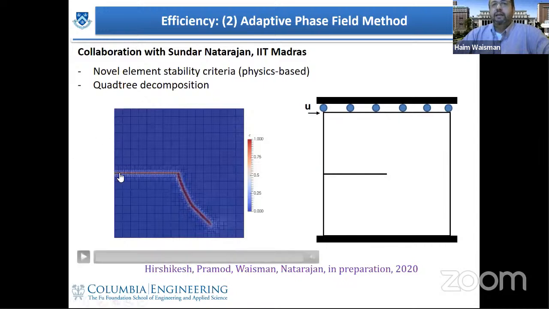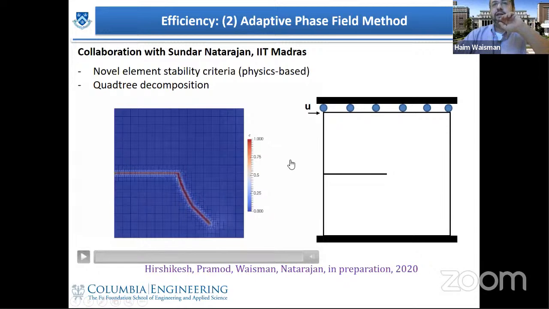The idea here is that if we have a phase field that is propagating, rather than having a refined mesh everywhere, what one can do is have an adaptive refinement that would capture the propagation more accurately. An example here of this shear type problem is that you see a phase field here, and then as the crack is propagating, we have an adaptive refinement.